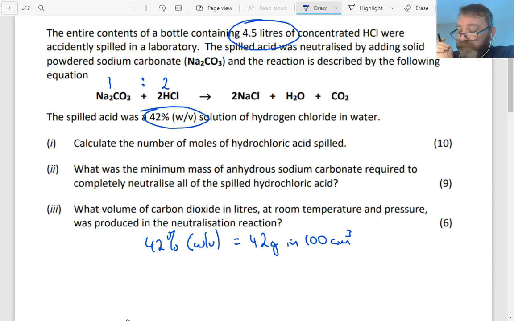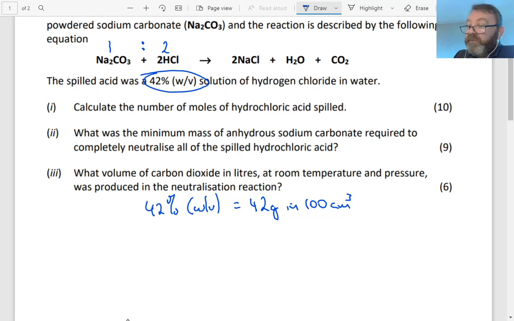First of all, percentage WV is a very medical way to write concentration. It's not what we use in chemistry at this level for Leaving Cert. We have to use only one standard measurement, moles per litre. So if they give you percentage WV, your job is to change the 42 grams into moles and the 100 centimeters cubed into litres. So let's do that.